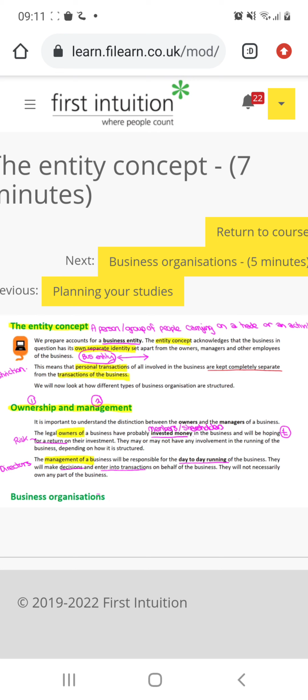They'll not necessarily own any part of the business. The aim of the directors is to run the organisation in the best interests of the shareholders, those that own the company.